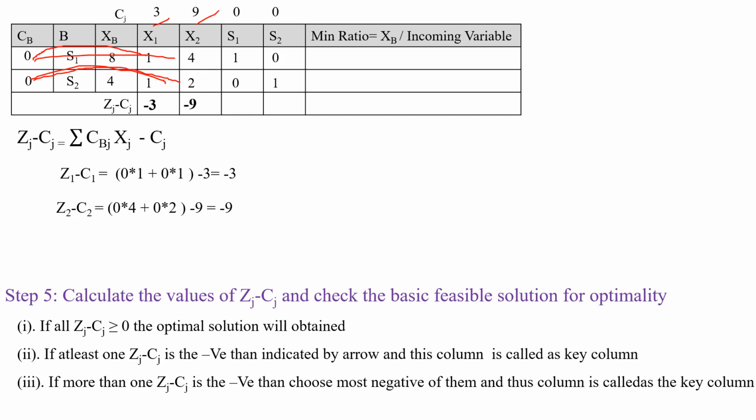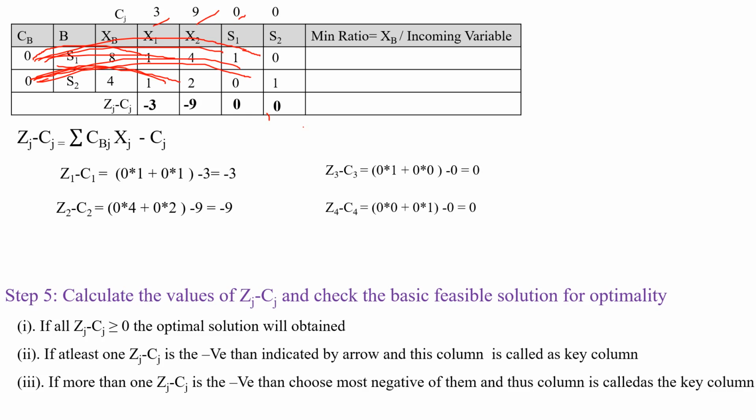This value is minus 9. Next, z3 minus c3 for the third variable, s1, is 0 into 1 plus 0 into 0 minus 0. This value is 0. Next, z4 minus c4 for the fourth variable, s2, is 0 into 0 plus 0 into 1 minus 0. This value is 0.